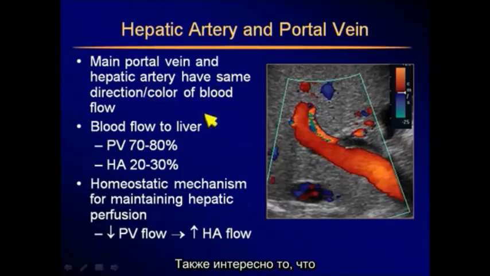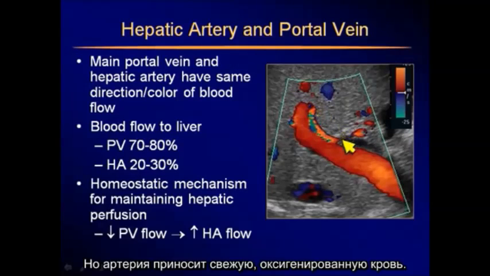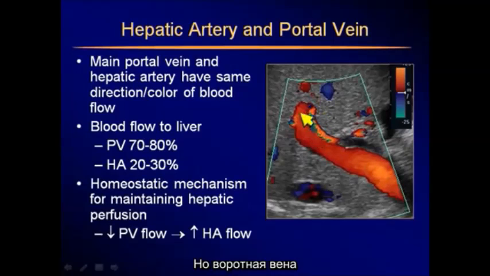It's also interesting that the portal vein and the hepatic artery sort of have a mutual understanding between themselves. The portal vein carries 70 to 80% of the blood into the liver, whereas the hepatic artery only brings in 20 to 30% of the blood flow. The artery brings in the fresh oxygenated flow, but the portal vein brings in deoxygenated flow from the splenomesenteric system.